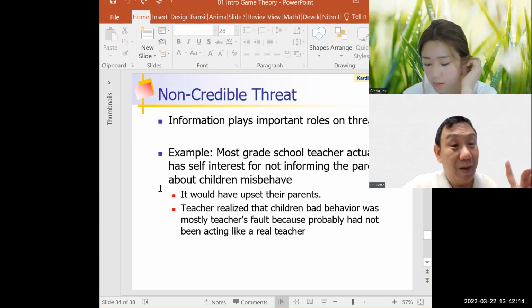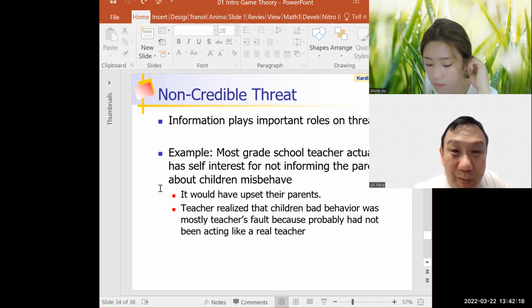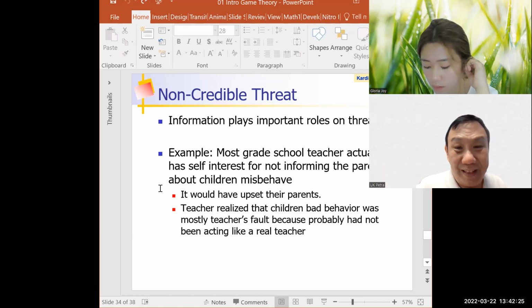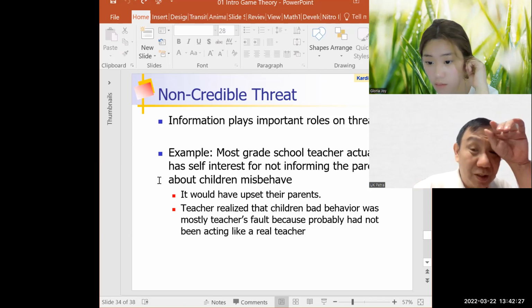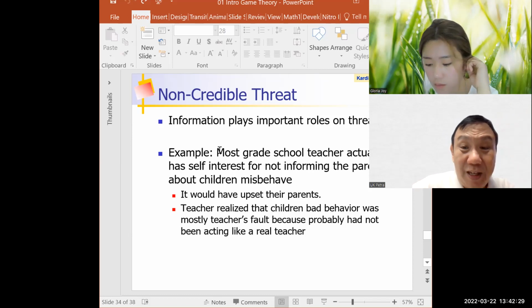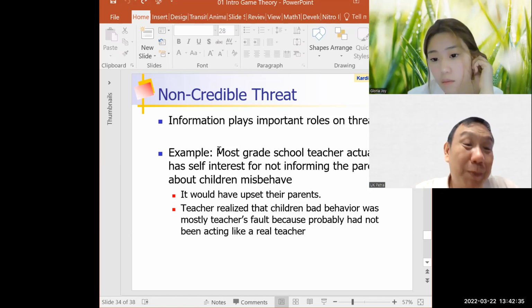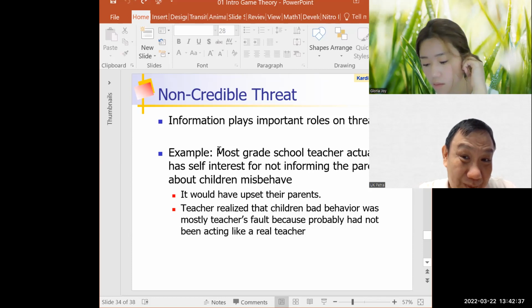Okay, I'll give you an example of information: a threat. Information plays an important role in a threat. I give you a simple example. Say you are a kindergarten teacher, dealing with children who misbehave.